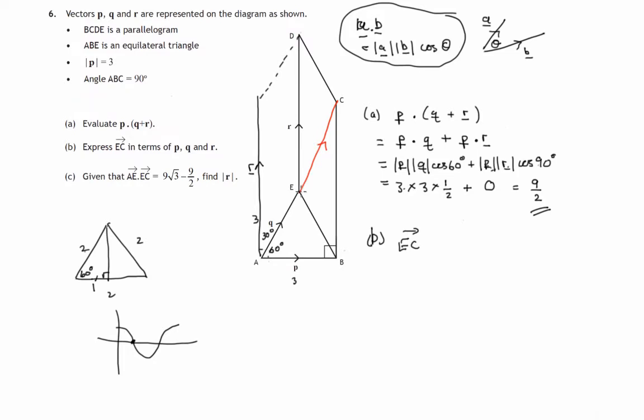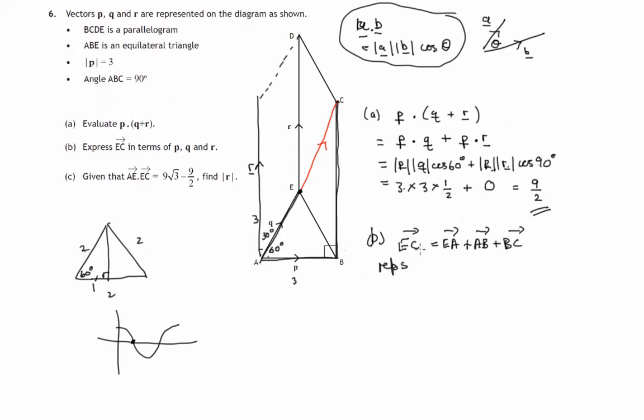Instead of going direct from E to C, let's go from E down to A, and then from A to B, and then from B up to C. So E to A, followed by A to B, followed by B to C.